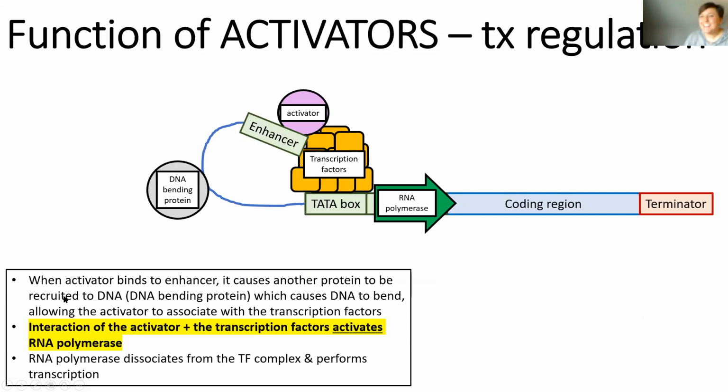Boom! This bending is facilitated by a DNA bending protein. Once the activator binds to the pre-initiation complex, RNA polymerase is activated, and thus it is able to read the coding region of the gene into RNA.